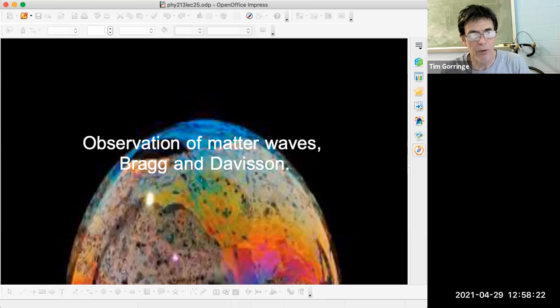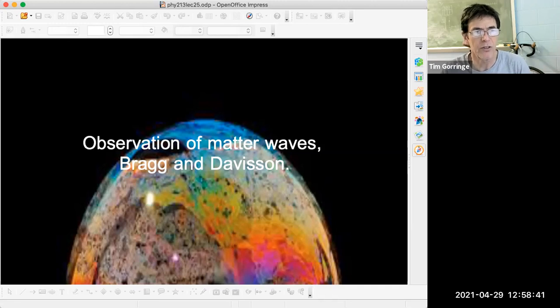They actually got Nobel Prizes for experiments involving diffraction, which you might remember we talked about earlier, and it's an effect associated with waves. One of them, Bragg, used diffraction to illuminate the structure of crystals.